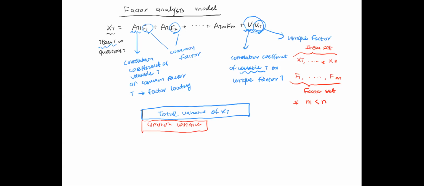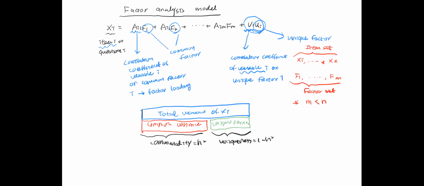And this is the unique variance, right? So the total variance equals common variance plus unique variance, right? And the common variance is known as communality. So you learned this one from the video, right? Communality. And the uniqueness equals 1 minus communality, right? So yeah, if we visually draw the model, this is how it looks.